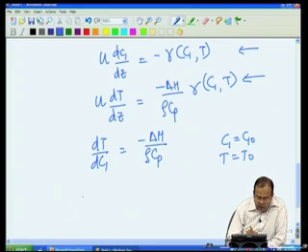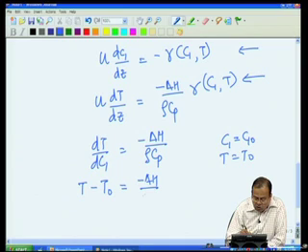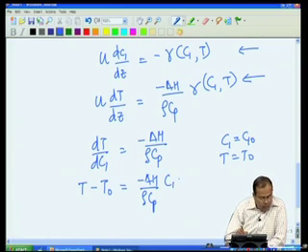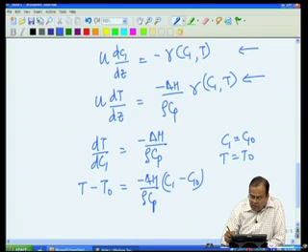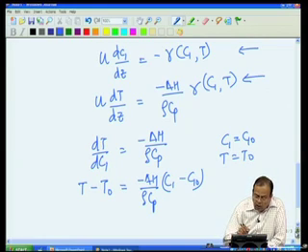So, I can integrate this and write T minus T0 as minus delta H by rho Cp into C1 minus C10, and once again I can write the same relationship as, I think this should be plus.